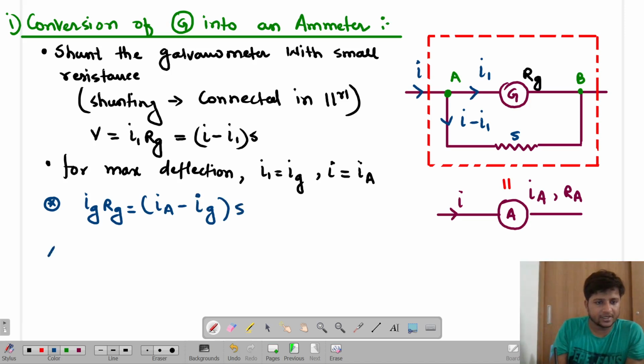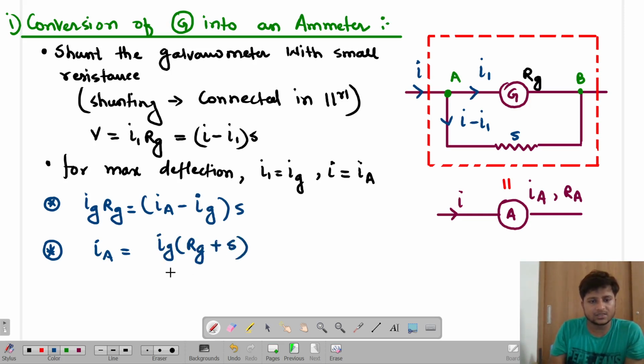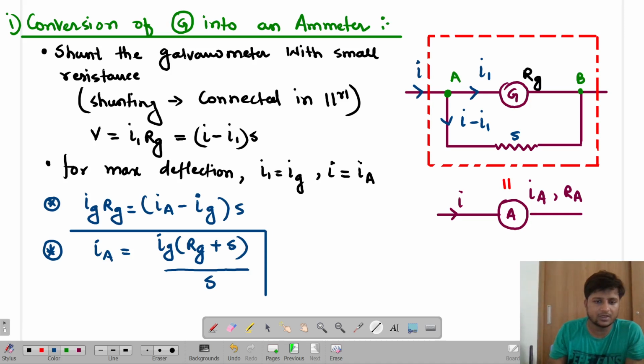So can I now define my ammeter current? The ammeter current is exactly equal to Ig times (RG plus S) divided by the shunt resistance S. This is my equation of the ammeter current through the galvanometer.